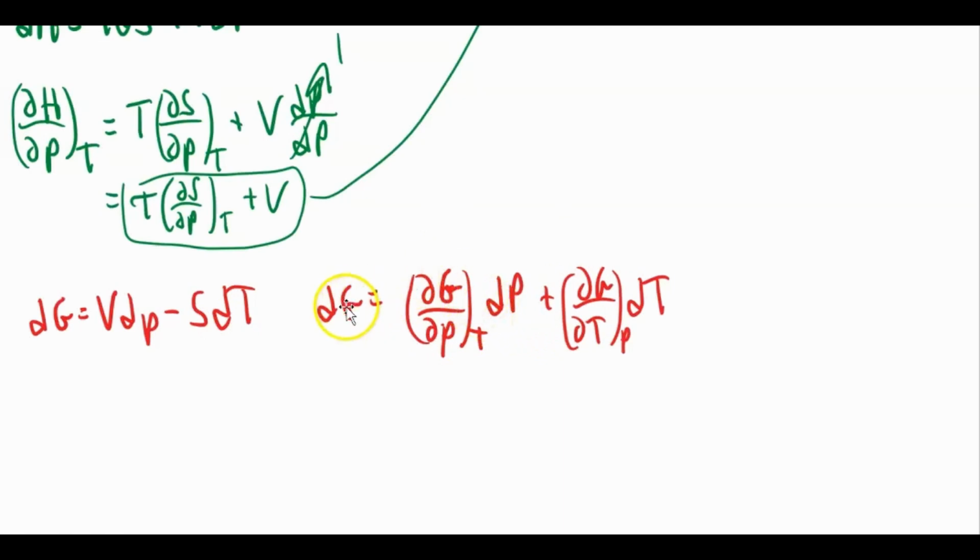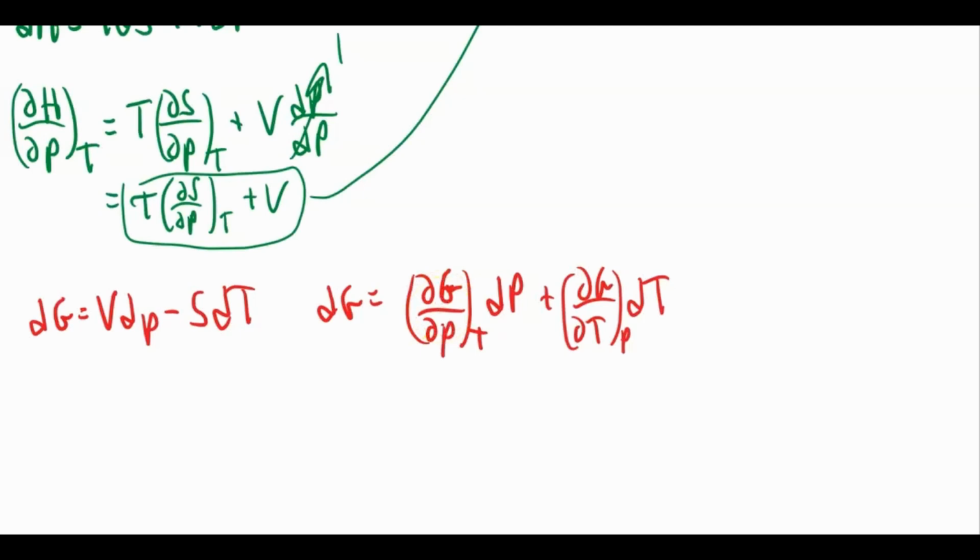The change in G, dG, is going to equal its change with respect to pressure plus its change with respect to temperature. This is the same differential, but with these quantities substituted in for these partial derivatives. But we can equate these two together using a really cool math trick.